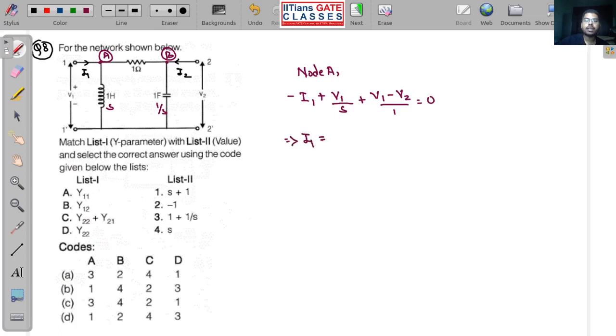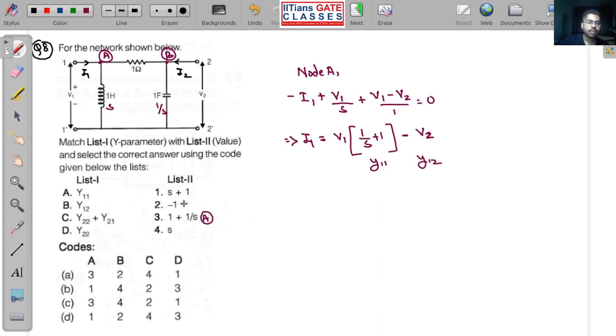So I1 is equal to, if I take common in terms of V1 and V2, what it is? V1 times (1 by S plus 1) minus V2. Okay, so I am getting what? Directly you can see I am getting Y11, Y12. So what is Y11? 1 by S plus 1, so this is my A. What is Y12? It is minus 1.